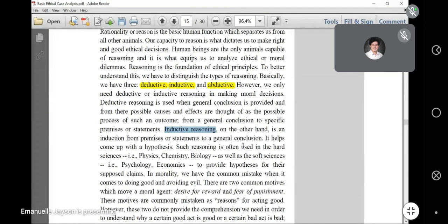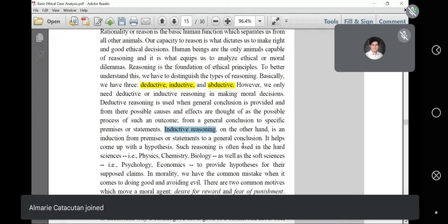So, for example, yung magtrabaho ka, ano kaya yung possible outcome nun? Siyempre magkakaroon ka ng pera and therefore mapapakain mo yung mga nagugutom mong anak, 'no? So inductive reasoning is an induction from premises or statements to a general conclusion. So it helps come up with a hypothesis.